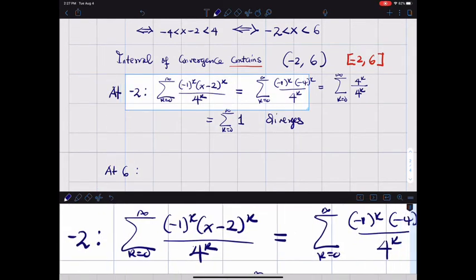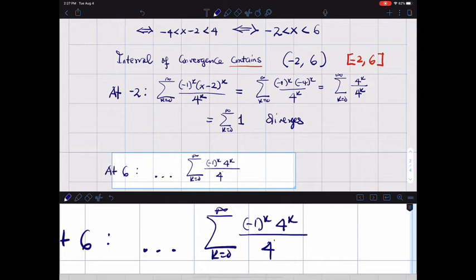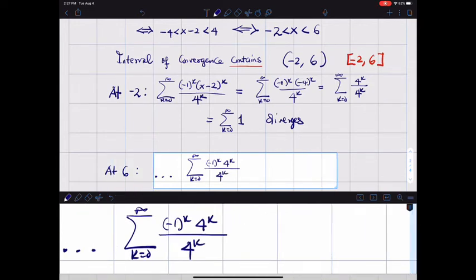Remember what we're doing. Same thing here: we're taking this and plugging 6 in there. At 6, we get the summation from k equals 0 to infinity of -1 to the power of k times 4 to the power of k over 4 to the power of k. These cancel out nicely, so we just have the sum of -1 to the power of k.